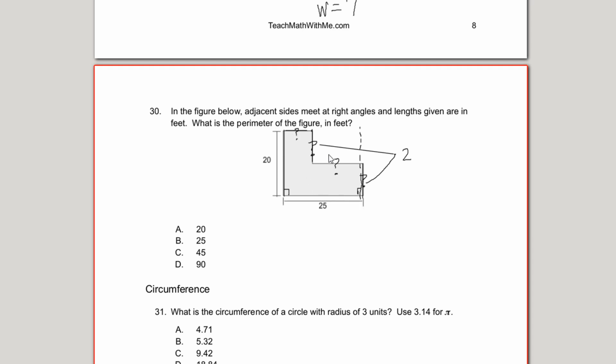From here to here, these should be 25. So to get the perimeter just adding up, we have 2 times 20 plus 2 times 25. So that gives us 40 plus 50, which is 90. And that is answer choice D.